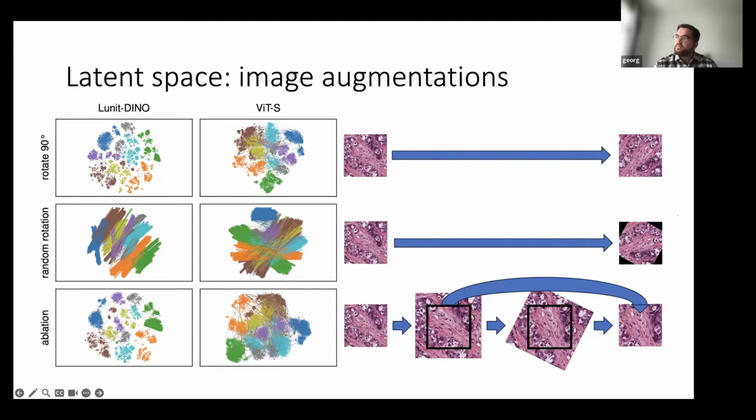We find that, for example, including rotation in your augmentations helps the model performance downstream, so you shouldn't just naively take however Dino or whatever other SSL method you used was configured for natural images and just apply it to pathology, but it was better to use specific augmentations that are more relevant for pathology. For example, flipping an image upside down would not be a useful augmentation for natural images, but for pathology it would be useful. Okay, thanks.